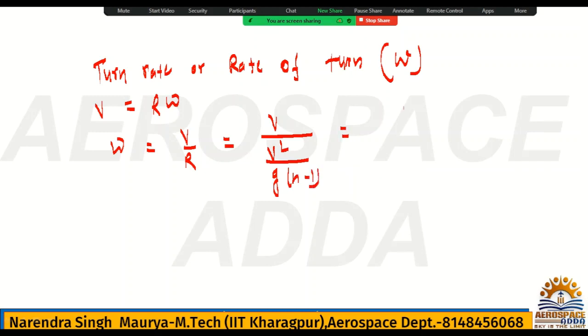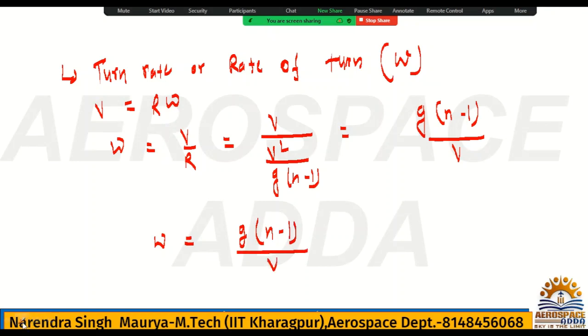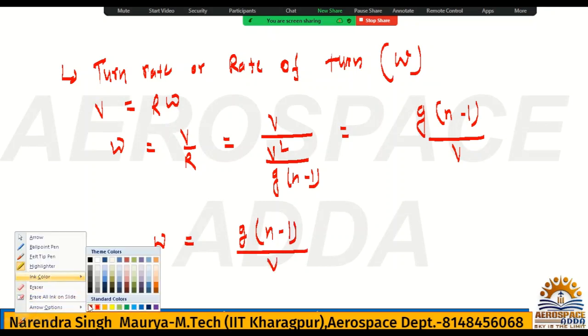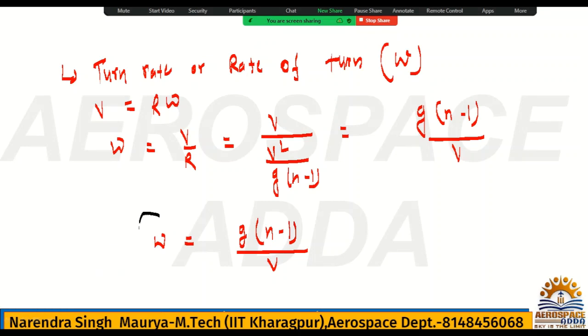If you solve this, divide by V, then what do you get? So what is the turn rate? Turn rate is nothing but omega, where V is the speed of the aircraft.